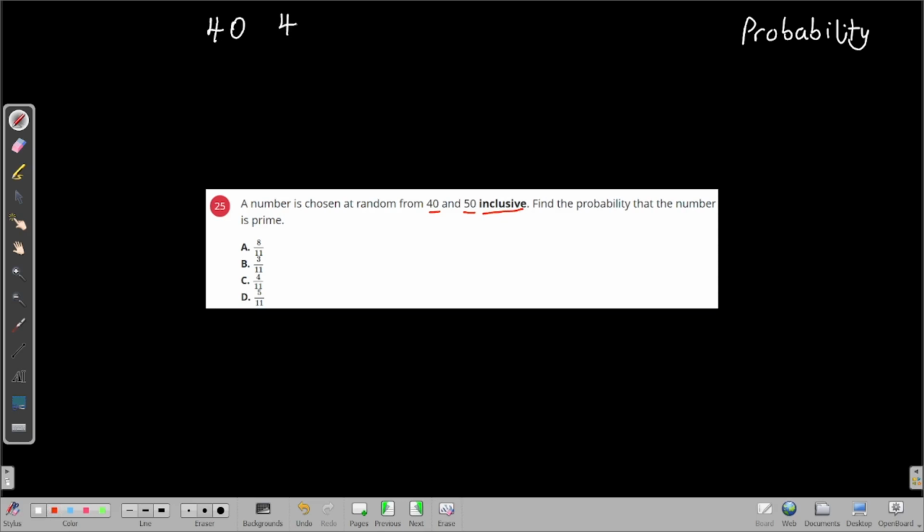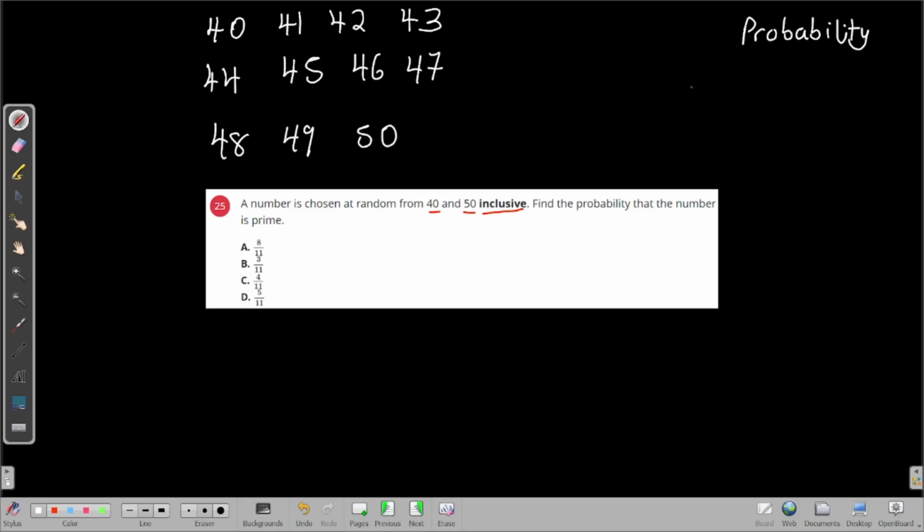So 40, 41, 42, 43, 44, 45, 46, 47, 48, 49, 50. Okay, so what's the total number of numbers that we have here? The total number of numbers that we have here is 11.